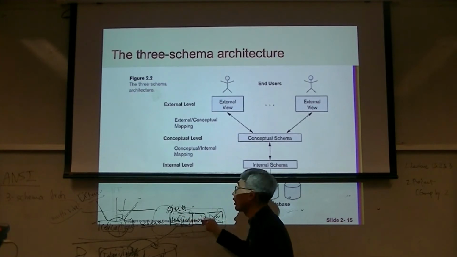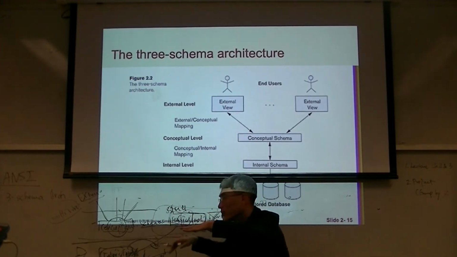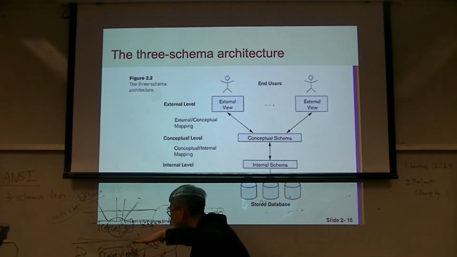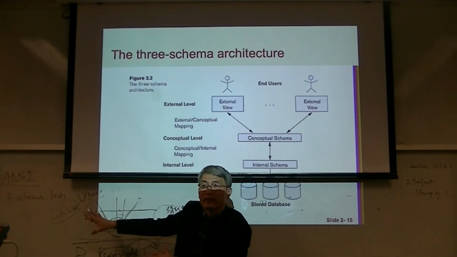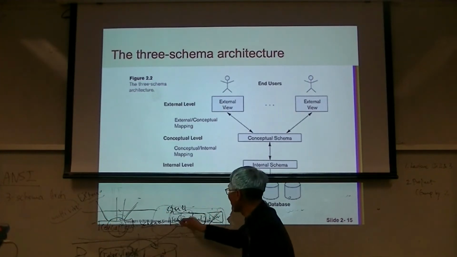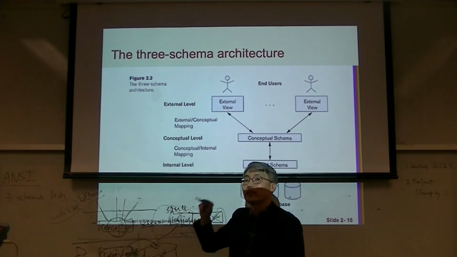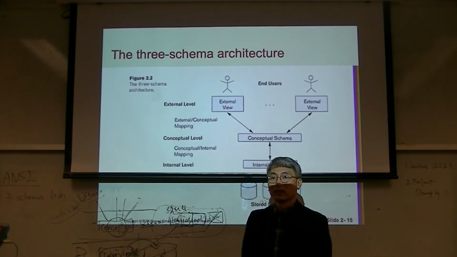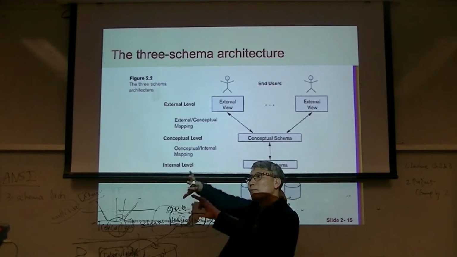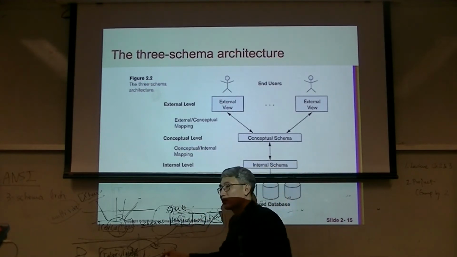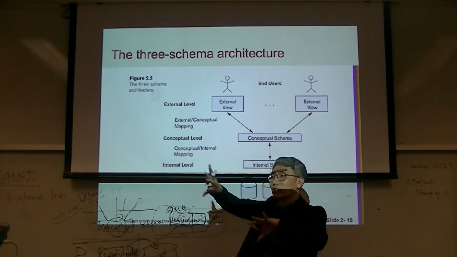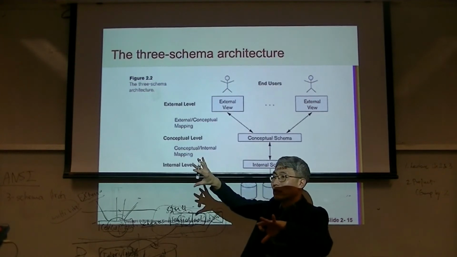Student name, ID, address is still the same. Even though this is moved, it is separate inside, I don't care. As long as I know the name, ID, address of the student, I can access the data. Right? This is the separation between program and system, independence. Okay? Same thing.